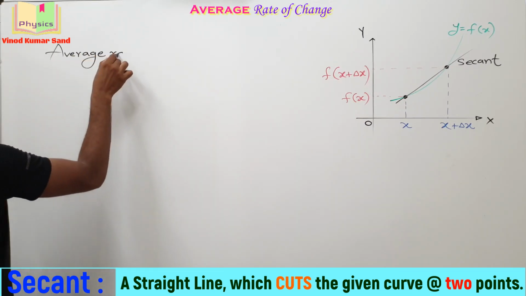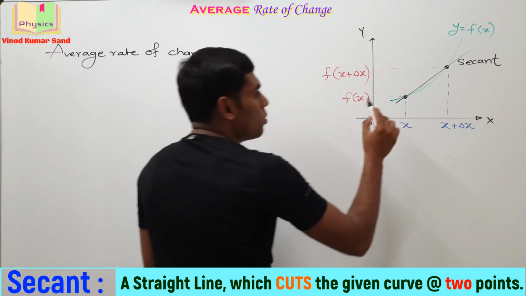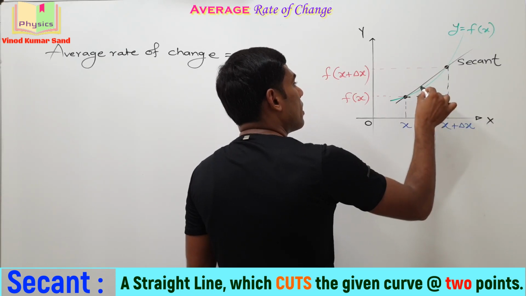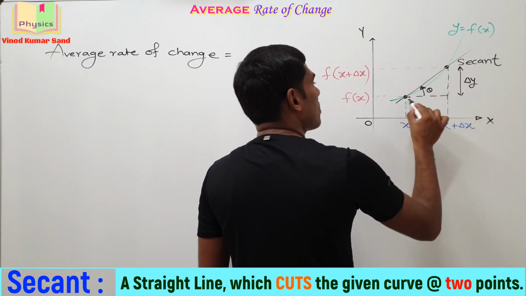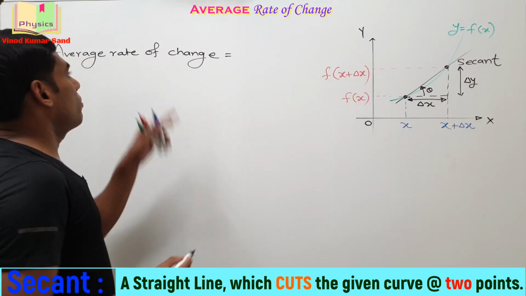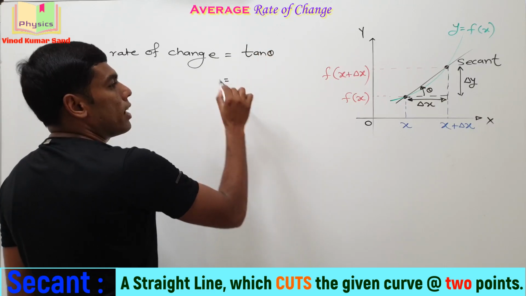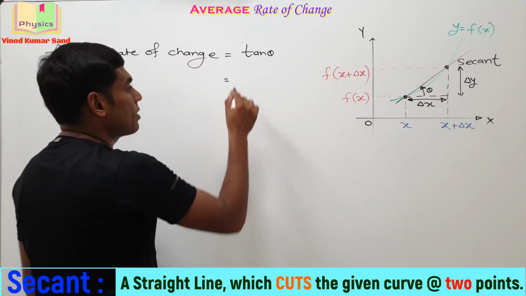Okay. The average rate of change is basically equal to tan theta for this triangle. This is angle theta, this is del y, and this is del x. Average rate of change is equal to tan theta, and tan theta in this triangle will be del y by del x.